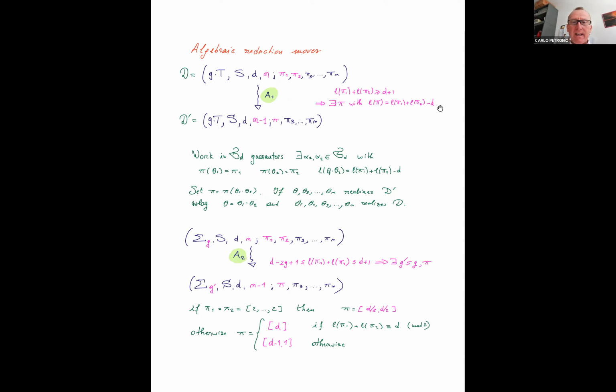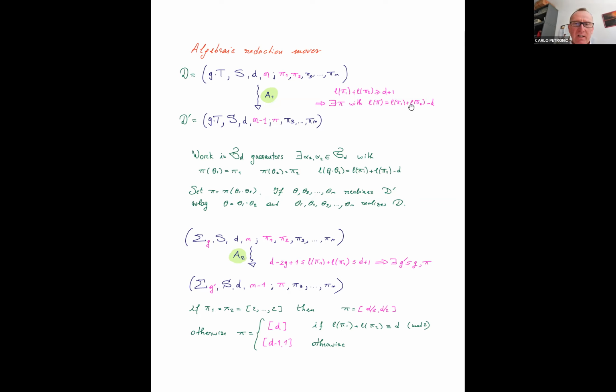Of course, this should be the same, because for Riemann-Hurwitz to hold this has to be like that. And the proof of this is only algebraic. And so this condition that the lengths of pi 1 and pi 2 sum up to at least d plus 1 guarantees that you have two permutations, alpha 1 and alpha 2, with the given cycle structures and lengths as prescribed.